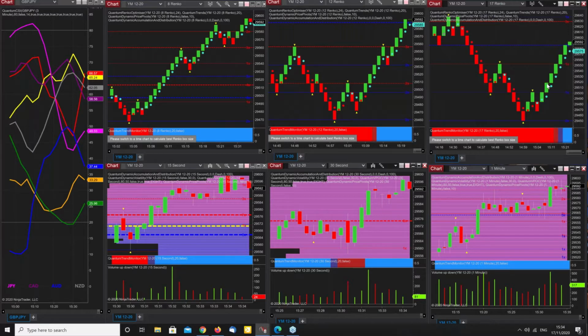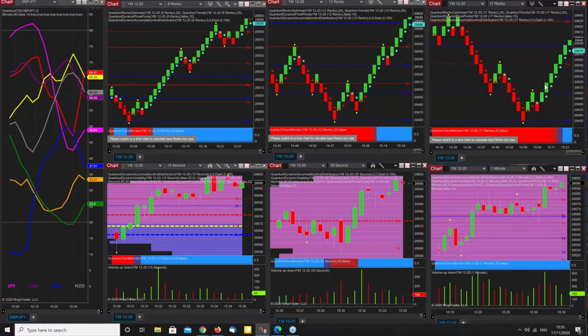What the Renko optimizer in NinjaTrader is doing is delivering for you the optimal brick size. There's no guesswork involved. It's exactly the same as the tick speedometer does for tick charts. If you're trading on tick charts, I'll hop over onto that during this session. But when you're trading non-time-based charts, it's very difficult to know what to set them to.